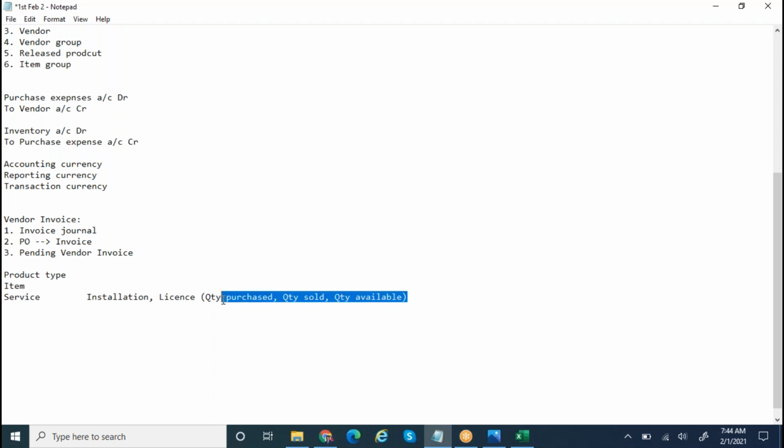This is possible for normal items, but not here. Agree with me? Any doubt in this?